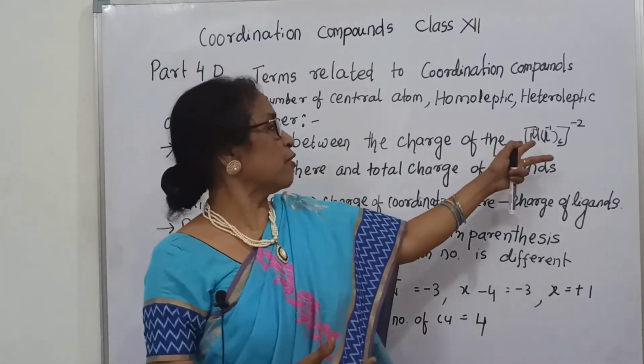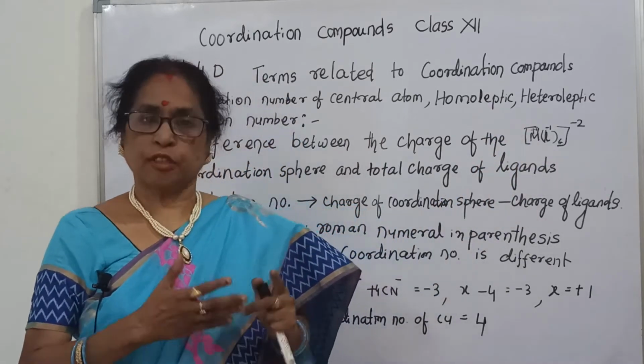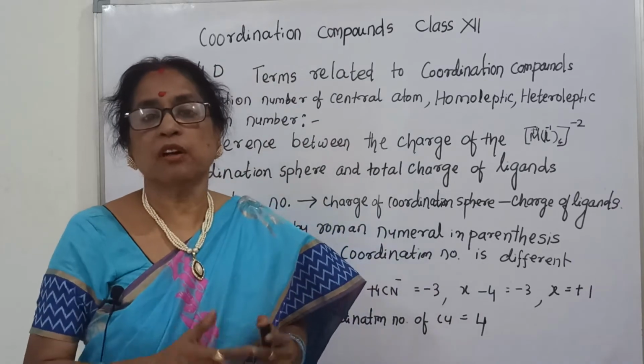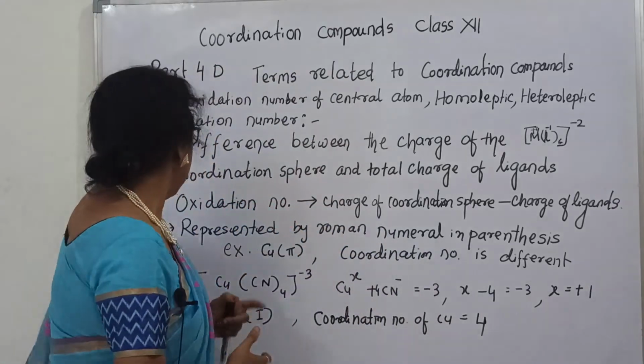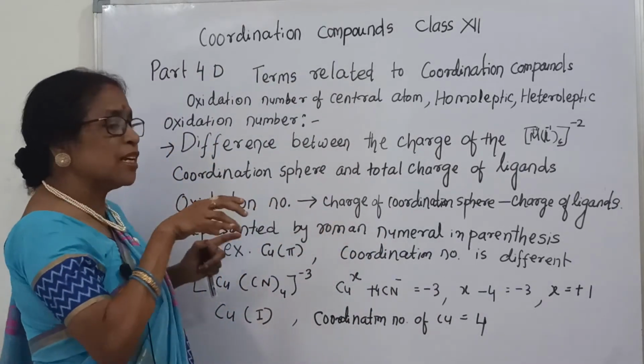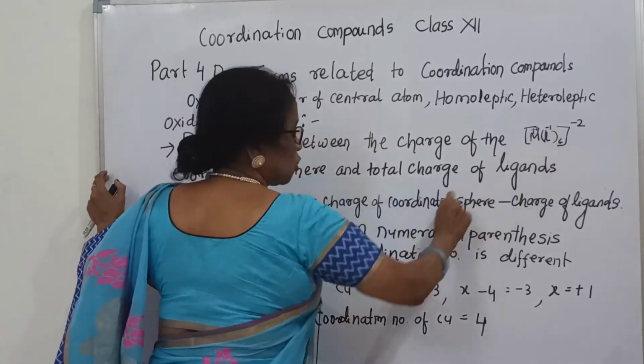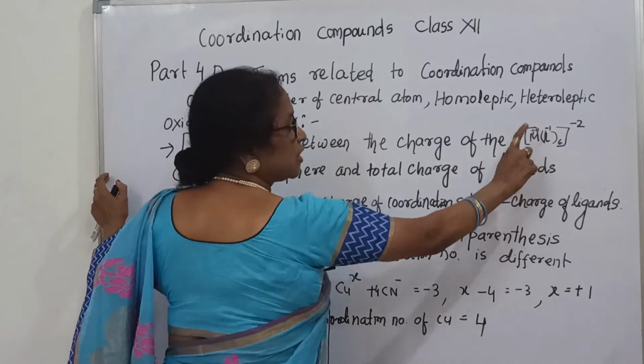After subtracting, you get the charge of the central metal atom, which is called the oxidation number. In mathematical form: the charge of the coordination sphere is -2 and the charge of the ligands is -6.